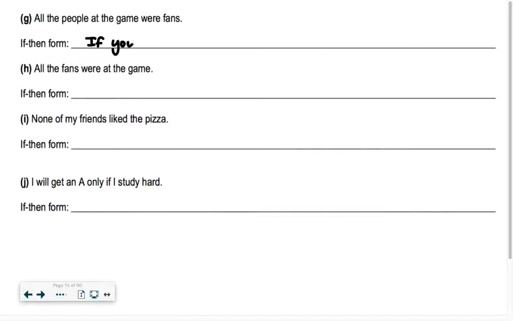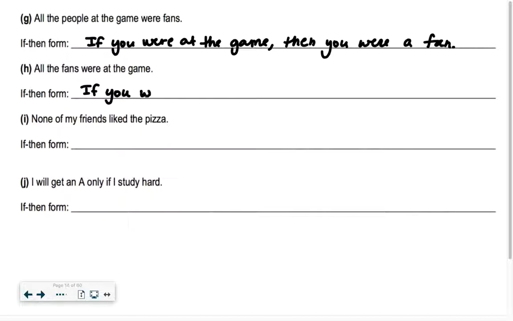If you were at the game, then you were a fan. So what if I say all the fans were at the game? If you were a fan, then you were at the game.